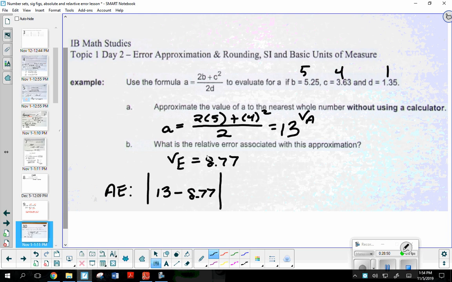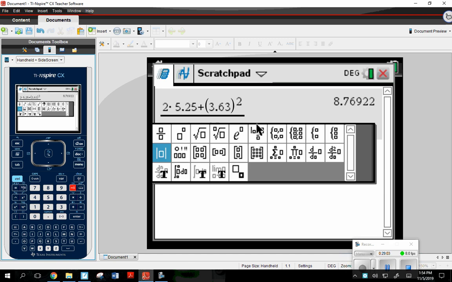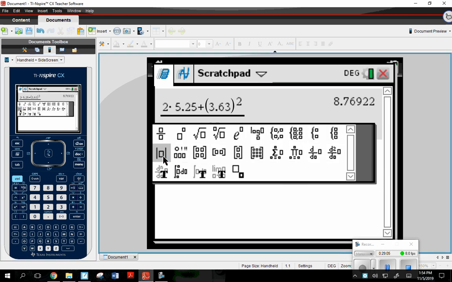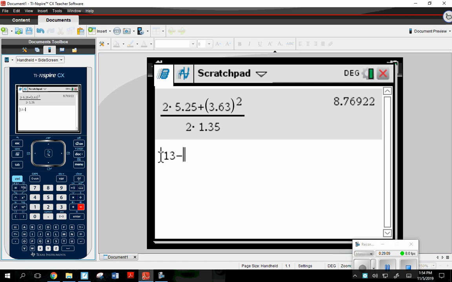Where do I find absolute value on the calculator? It's not really necessary here because it's going to give you a positive number anyway, but it's between 9 and the catalog, this button right here below delete. Second row, first column. So I'm going to say 13 minus, and then highlight that previous decimal. Plug that in. So I'm getting the absolute error to be like 4.23.